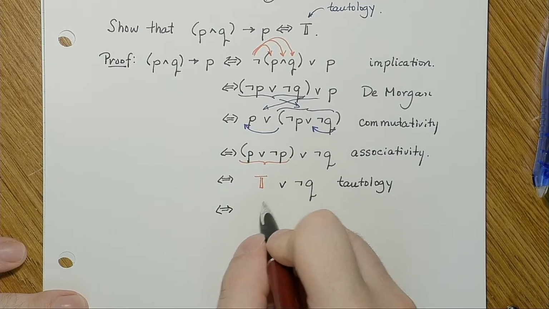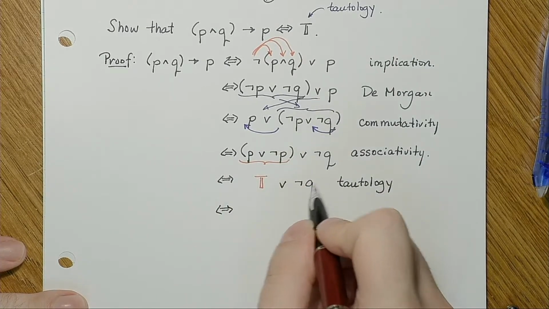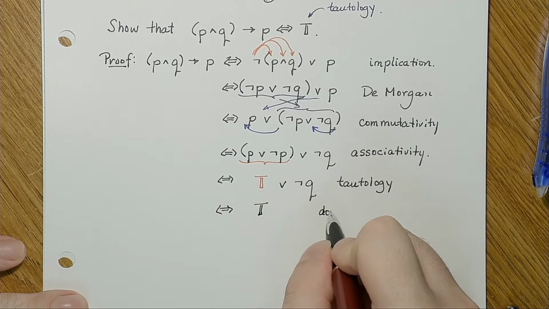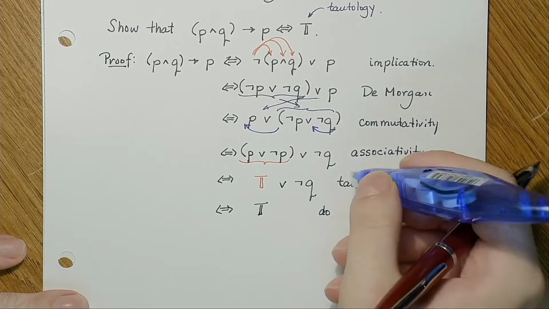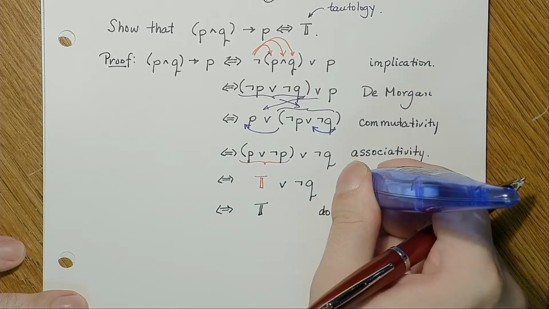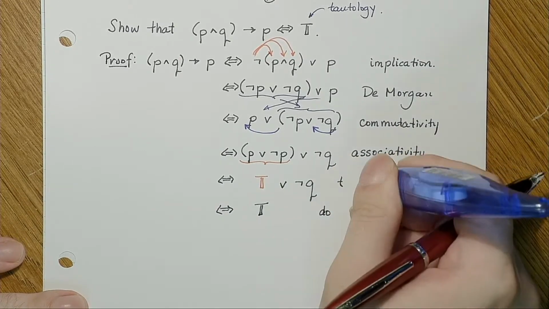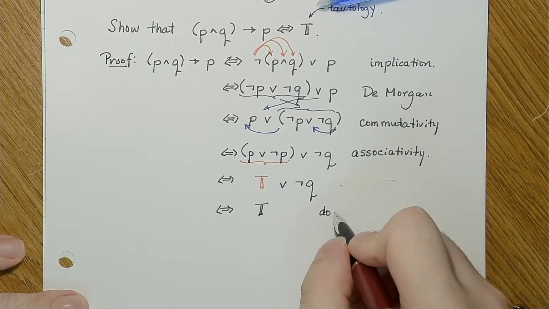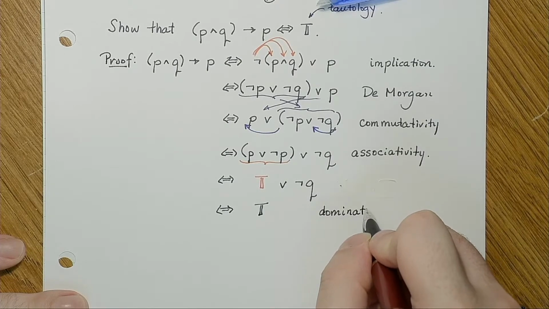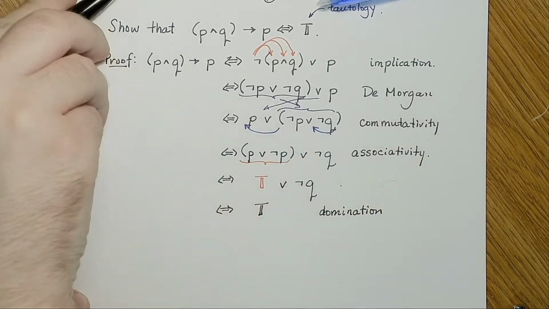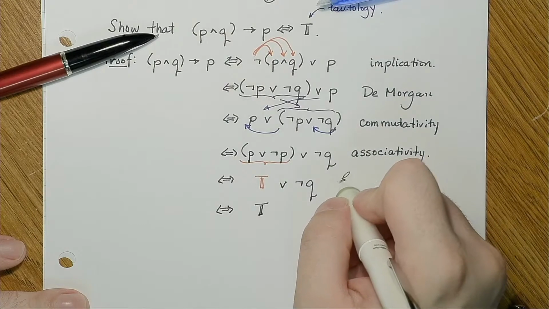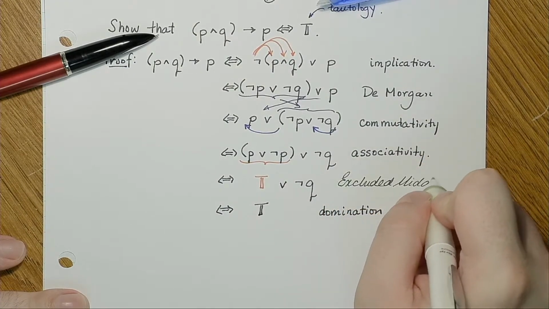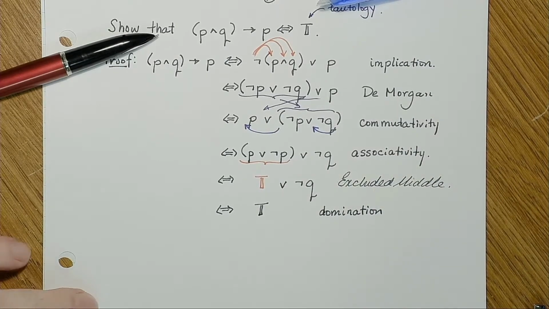And then by domination, because again, I have a tautology or something else, it's always going to be true. So that is the, oops, and I wrote tautology. No. The specific rule that it's actually called is the excluded middle. But let me just finish writing this first. There we go.